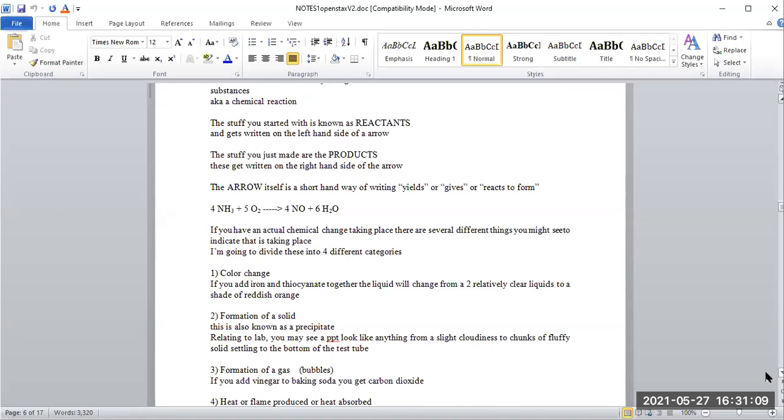One of the ones that you will see frequently if you take second semester is adding an iron solution to a thiocyanate solution. Separately, they are both clear and pretty close to colorless. You dump them together and they turn this bright reddish orange color.